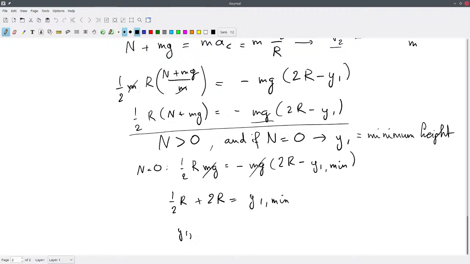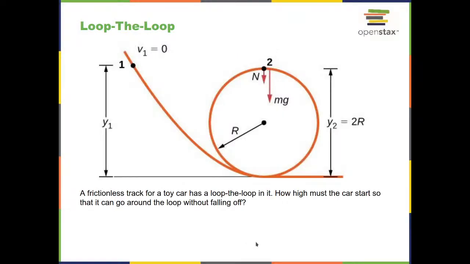So the minimum height is 5/2 r. We have to have at least a height above the loop that is 5/2 r, or in other words, 2 times the radius plus another half times the radius. So we have to start 1/2 radius above the top of the loop for this to make a full revolution there.